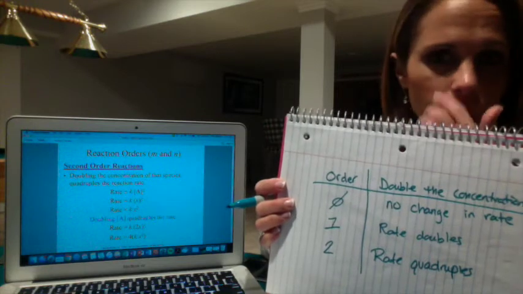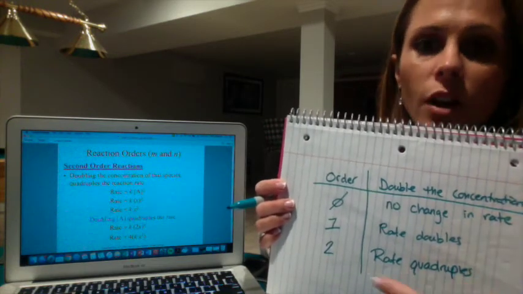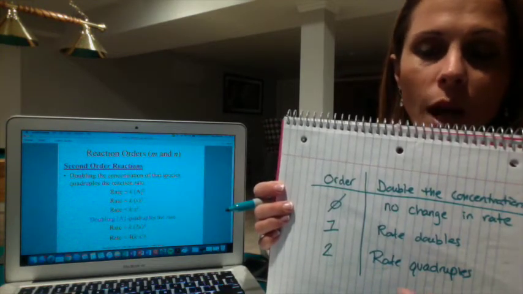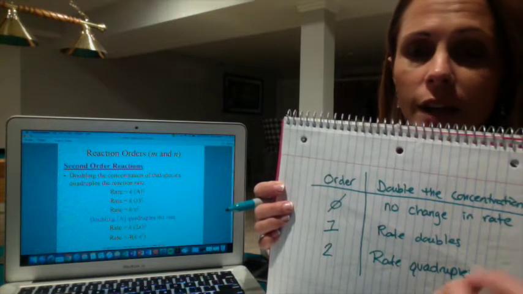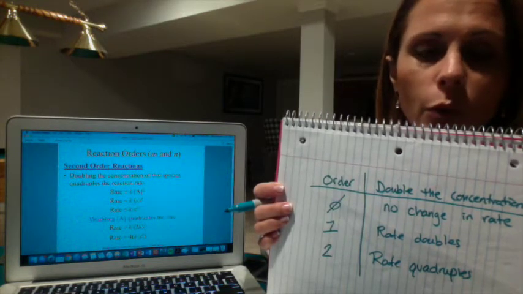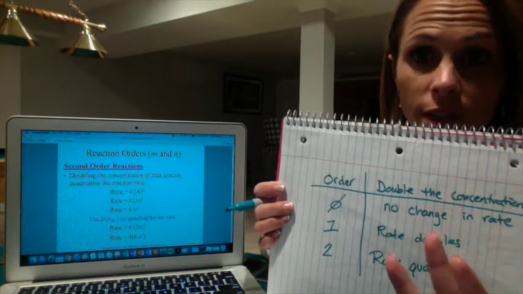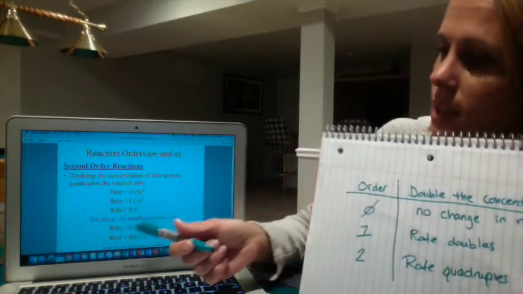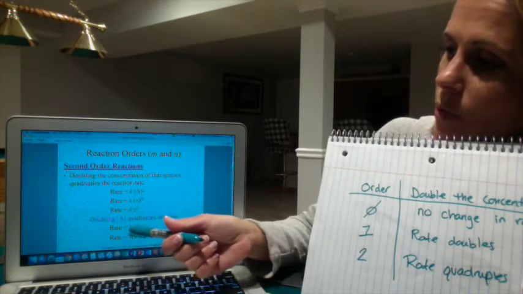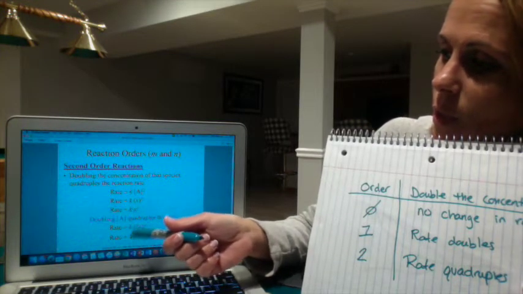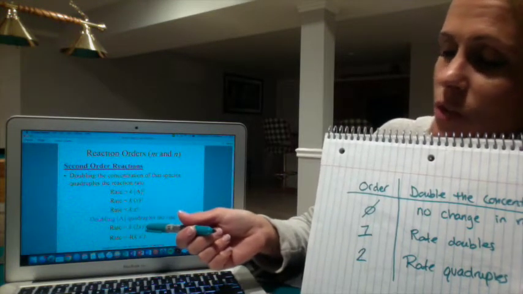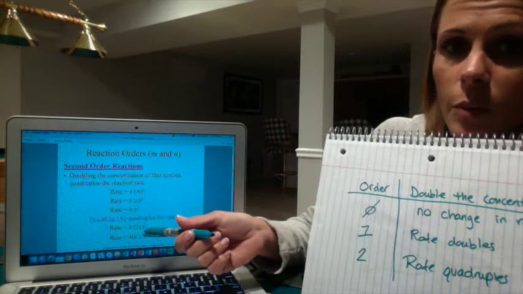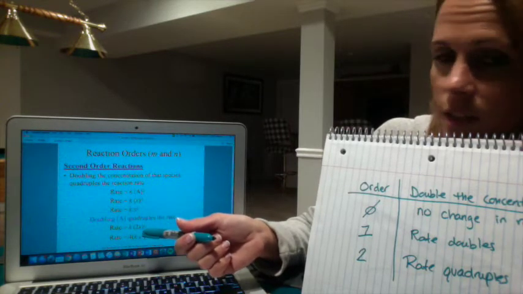So what if I told you that this was a rate law, and I'm asking you what will happen to the rate if I double the concentration and the order of the reaction is 3? So go ahead and take a minute to think about that. So take this same slide, do rate equals K, in parentheses is 2x, but now your superscript is a 3 because that would be a third order reaction.